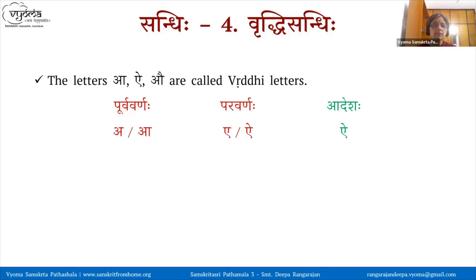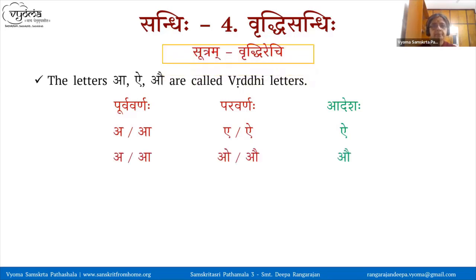As in guna sandhi, the first letter will only be akara or akara. The paravarna can be ekara or aikara for the first type. Whether it is A or I, the adesha letter will be Ai only. Similarly, when akara is followed by O or Au, the adesha will only be Au. Since Ai and Au are both vriddhi letters, we call this the vriddhi sandhi.